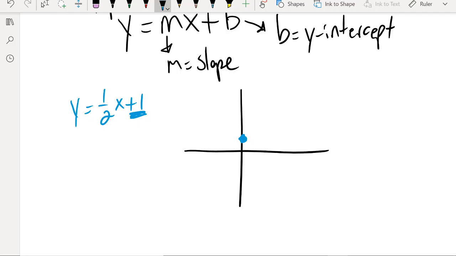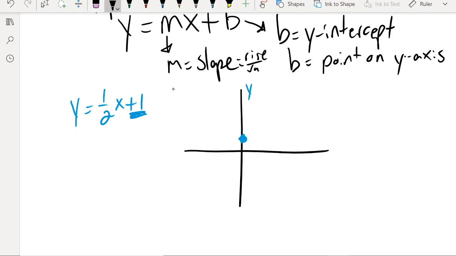The 1 is a y-intercept, so it's going to intercept the y line, meaning it's going to touch the y line. This is where it touches. One way to remember intercept is b represents the point on y. b is the point on the y-axis. And then m is slope, which is rise over run.